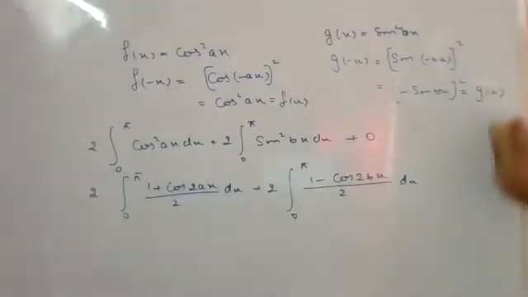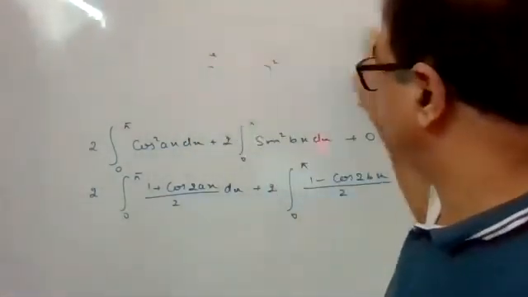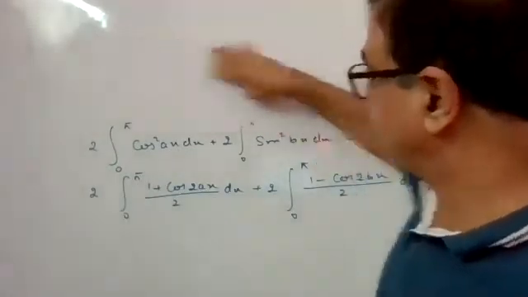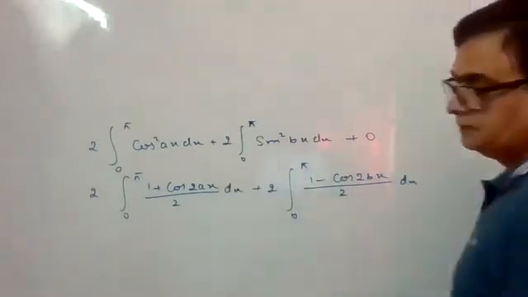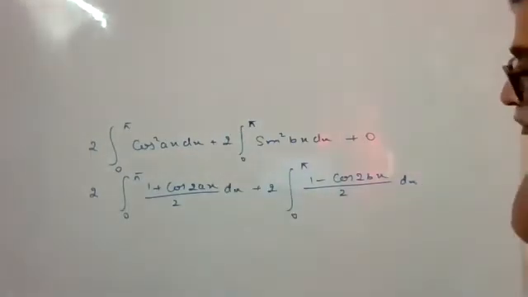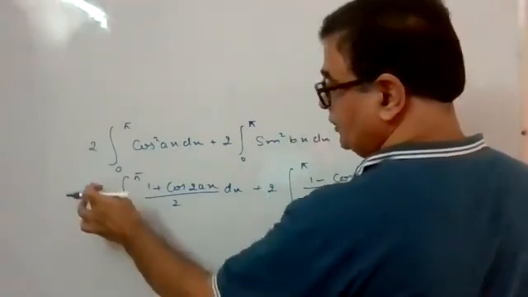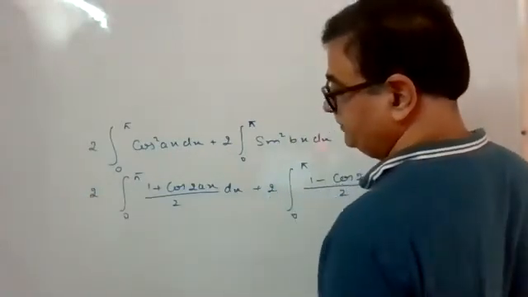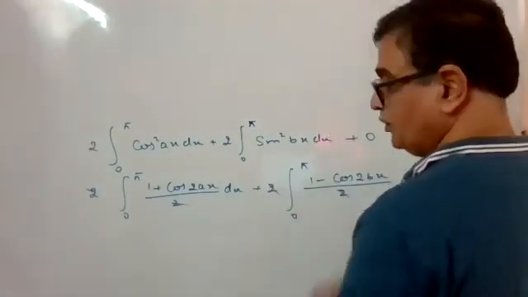And now we will integrate. Then this will come twice. This 2 will come outside. So this 2 and this 2 cancel out.